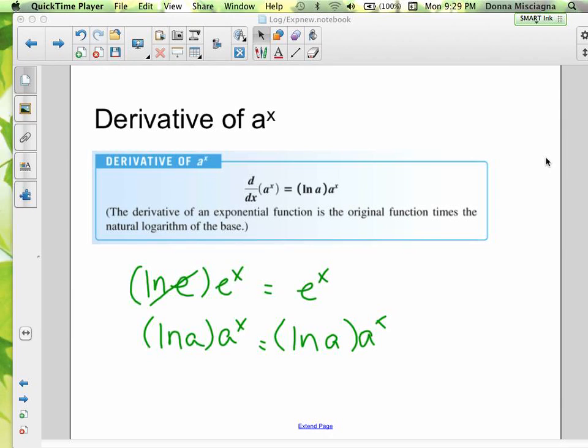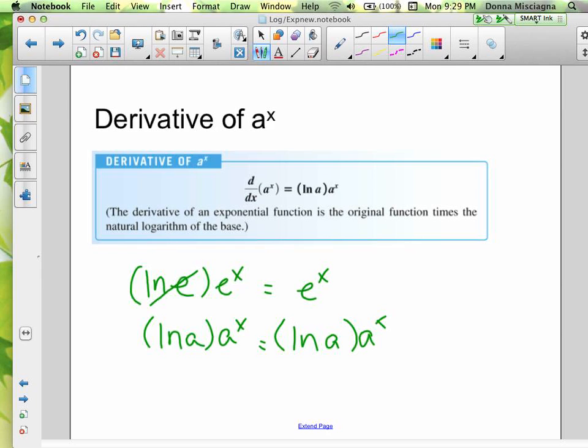Now why didn't we use natural log of the base for e to the x? Well, if we took e to the x times natural log of our base, which is e, natural log of e is just 1. So this would be the same thing as 1 times e to the x, and so that's just e to the x.